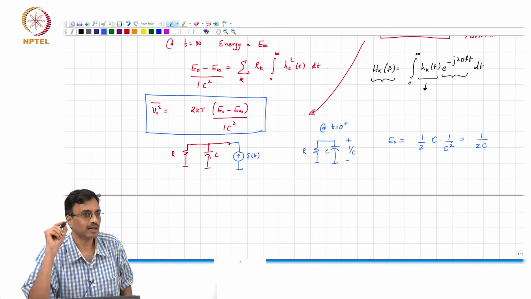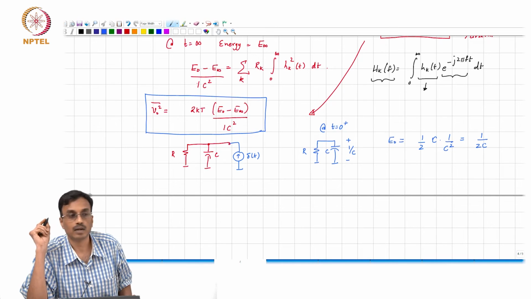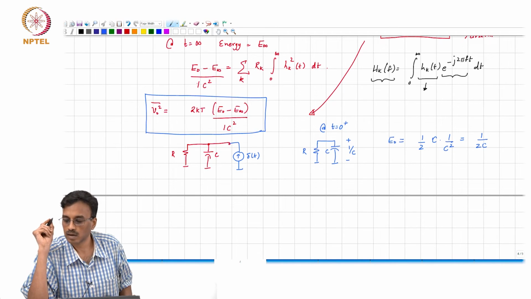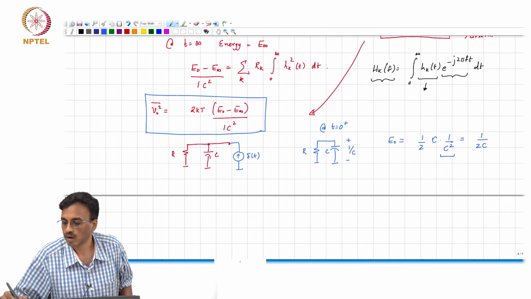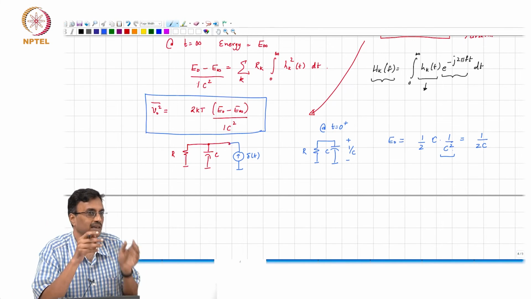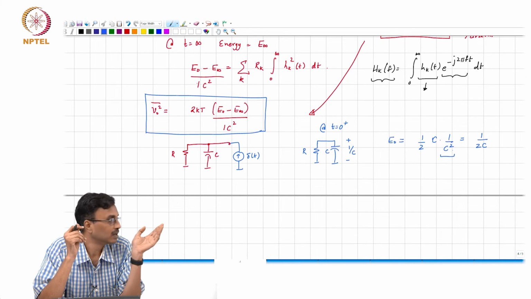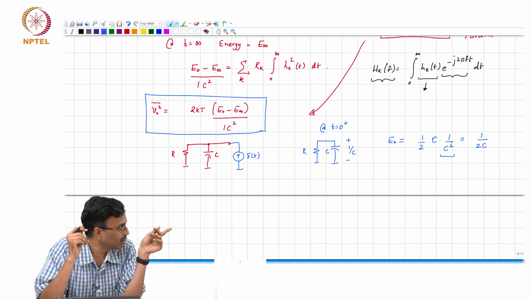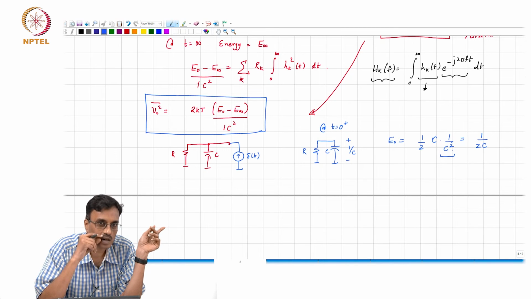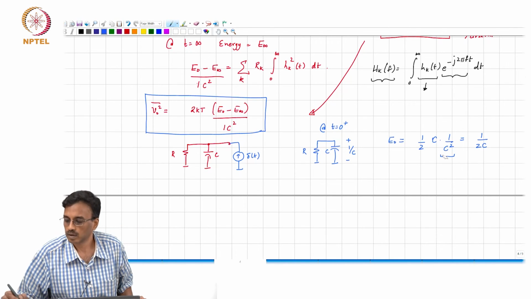And that 1, what are the units of that 1? It is 1 coulomb. What are the units of that? Are we dimensionally consistent? Coulomb square, right? Okay.